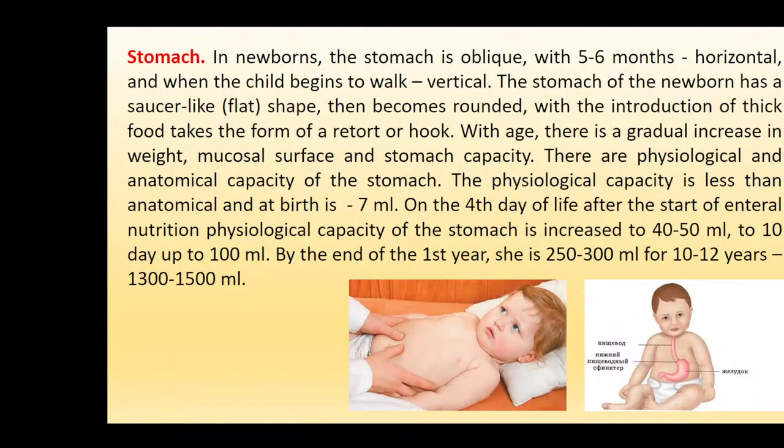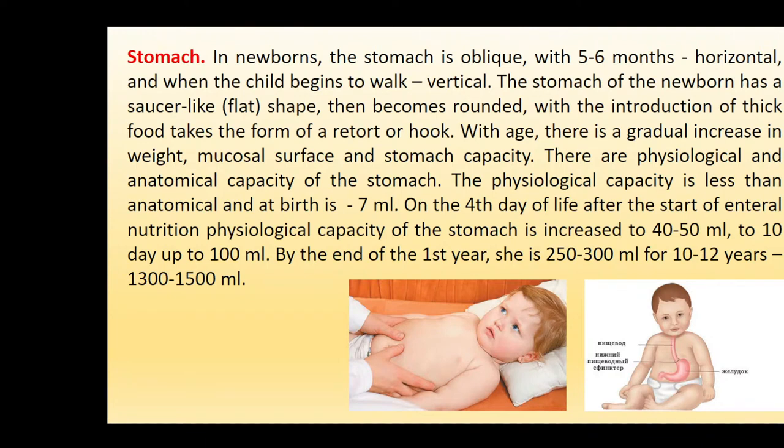Stomach in newborn is oblique, with 5 to 6 months horizontal, and when the child begins to walk, vertical in position. The stomach of a newborn has a saucer-like flat shape, then becomes rounded with introduction of thick food. With age, there is a gradual increase in weight, mucous surface, and stomach capacity.